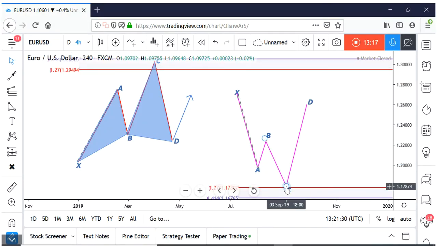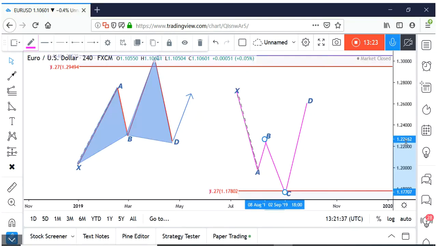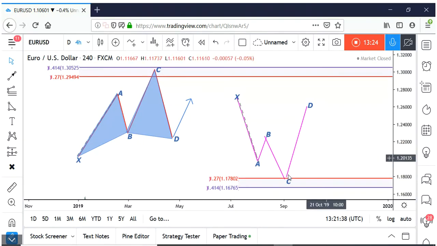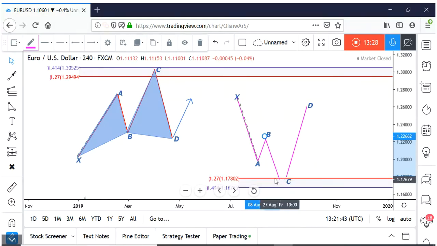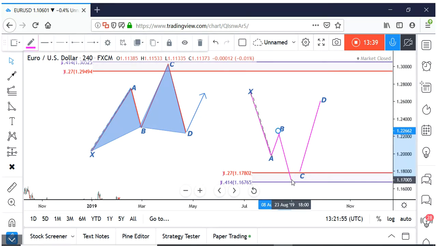The C has to touch the 1.27 or go inside a zone and/or touch 1.414, but must not close below 1.414.